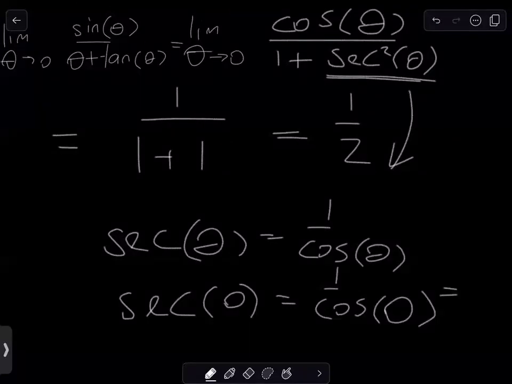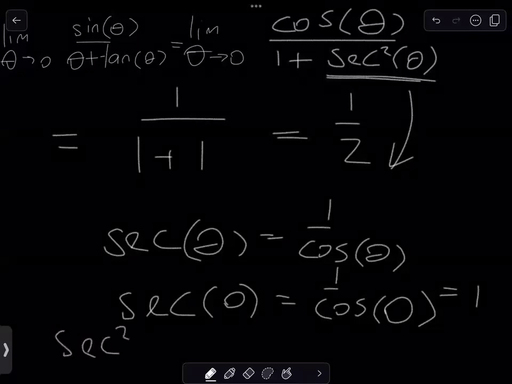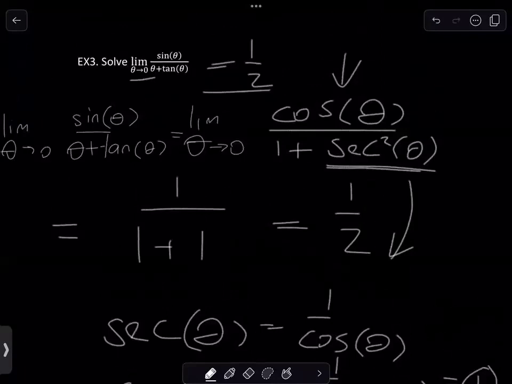Now cosine 0 is equal to 1. So we basically have 1 over 1, that's 1, right? Now what is secant 0 squared? It's basically 1 squared, and that's still 1. So that's why this answer is 1 here. Okay, so that's how you handle this example. The final answer, 1 over 2.